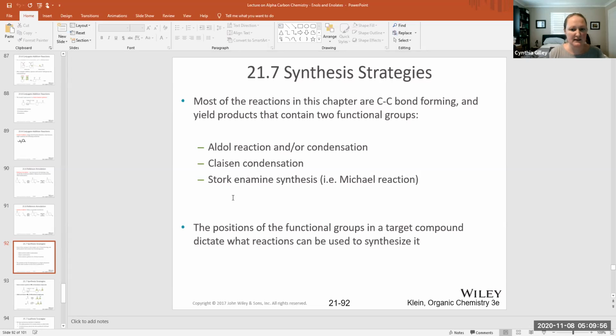So some reactions that we learned are, for example, the aldol reaction or condensation, the Claisen condensation, or the Stork enamine synthesis. Ask yourself, what sort of products are formed here? How do we classify those? What do we call them? What functional groups are present? What is their relative positioning? And how do I know if I'm going to be using that reaction or a different reaction when I'm doing these problems?